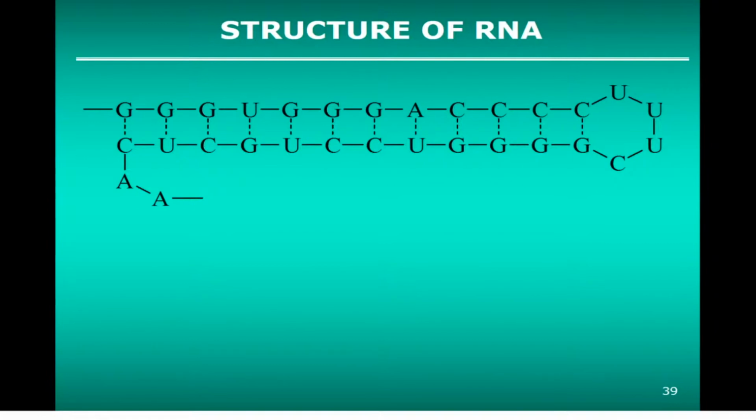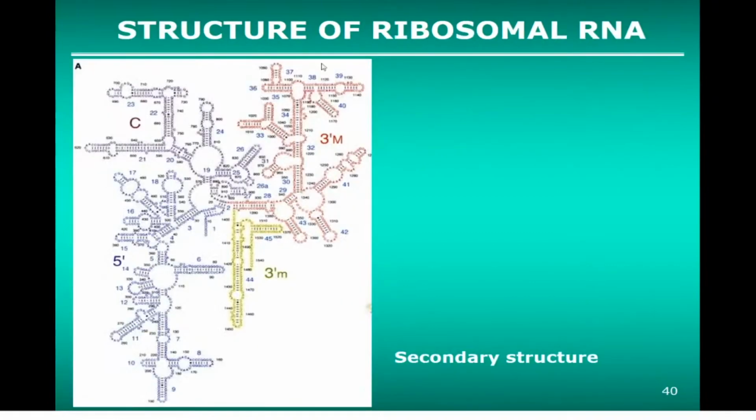But because RNA contains a much higher number of minor nitrogenous bases, different pairs can also be present. So that's why a clover leaf. It's a secondary structure.